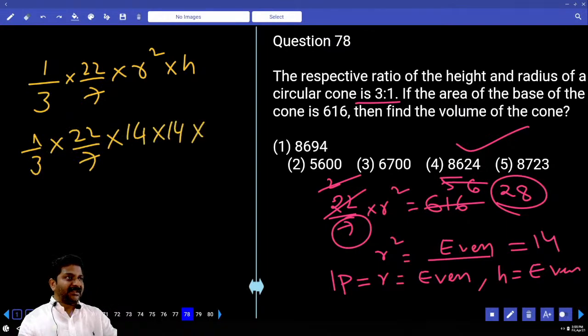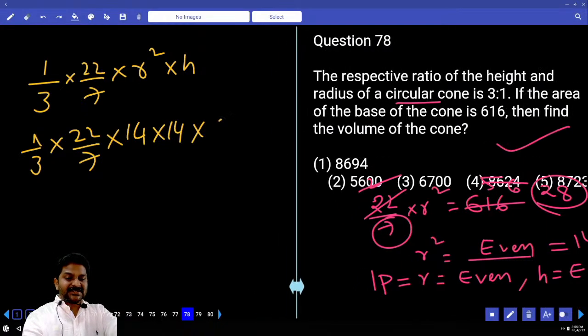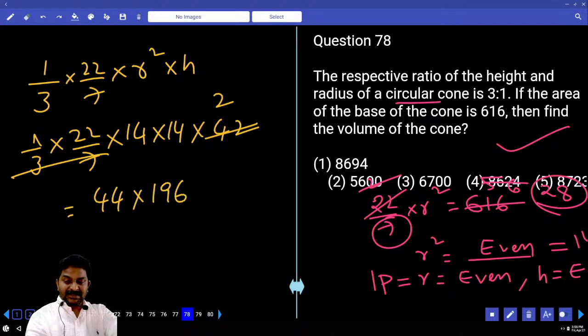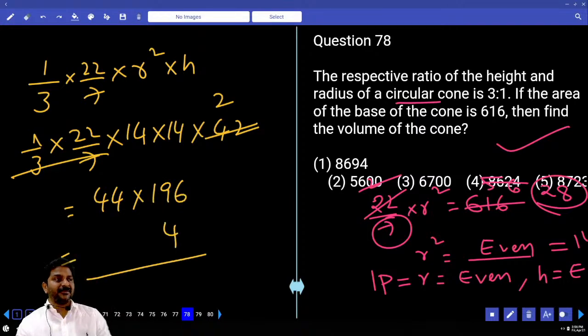Height is 3 times 14, which is equal to 42. Then the answer is 2 times 44 into 14 square, 196. Answer must end with 4. Understood? Without calculating, we went into the even-odd concept.